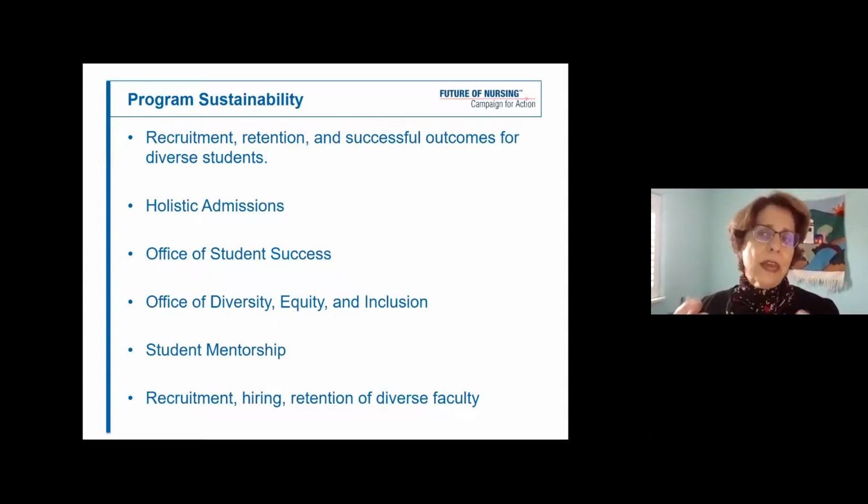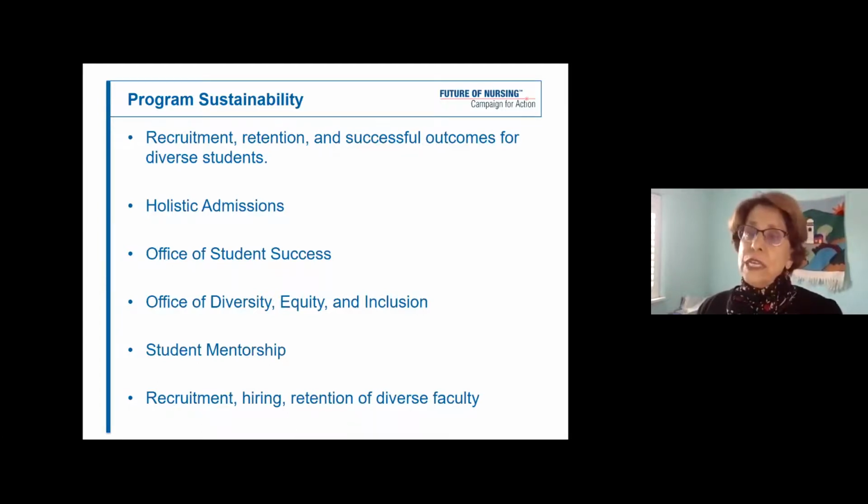I'm not saying that we are graduating students that are not competent. We certainly have competence across all of our students, but we have realized that students learn differently and that they may need certain accommodations if they have a disability, or simply a different strategy in terms of learning the material.